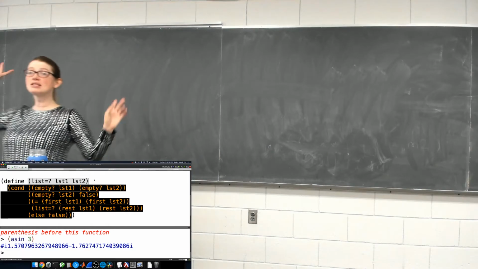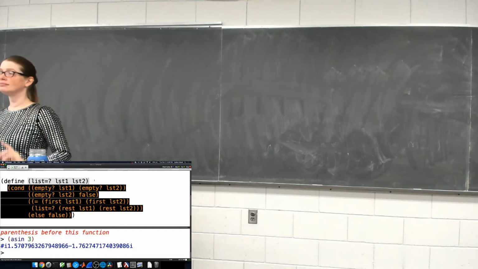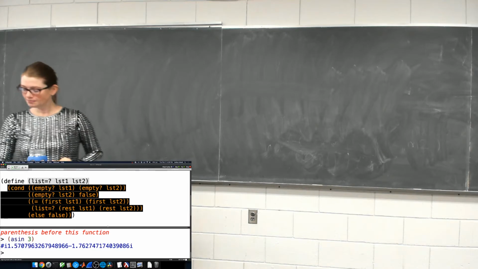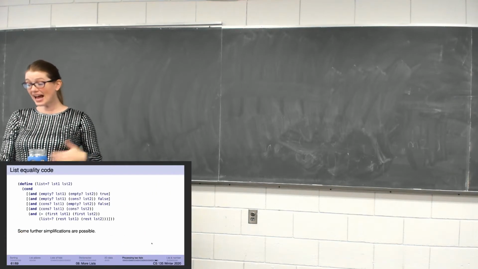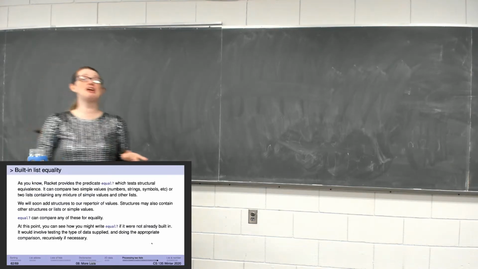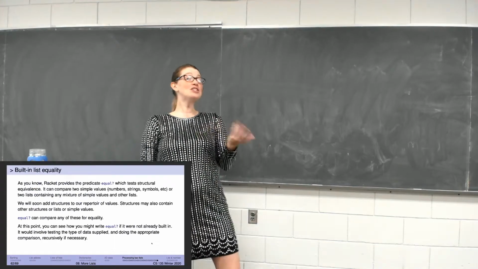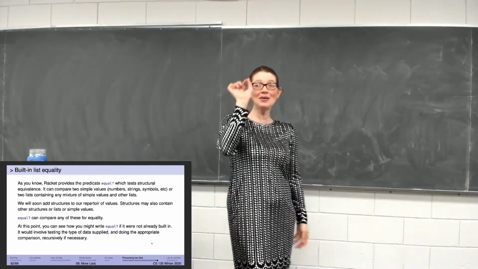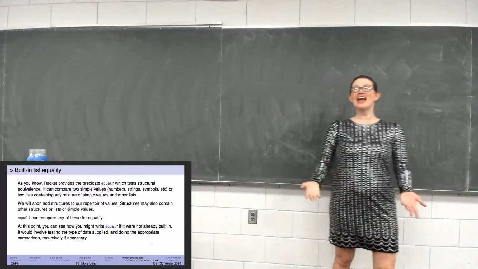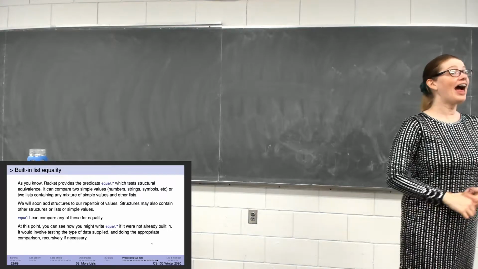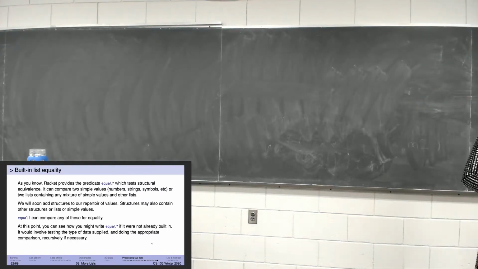All right, any questions about this list equal? So for the record, there's absolutely no reason for you to implement this because the function already exists. It's called equal?. Equal? consumes any and produces a bool, which means equal? can compare two lists for equality.